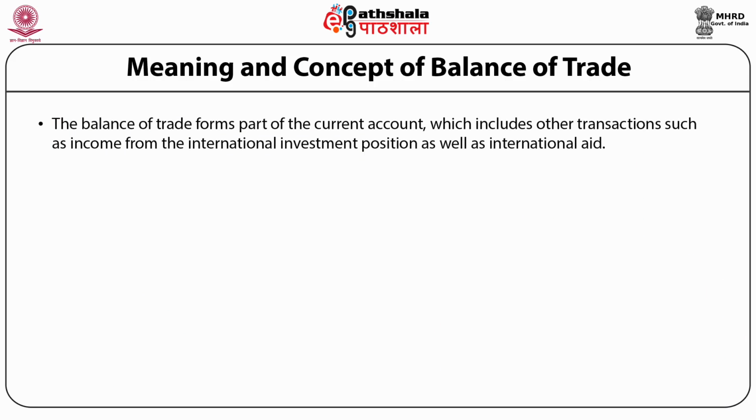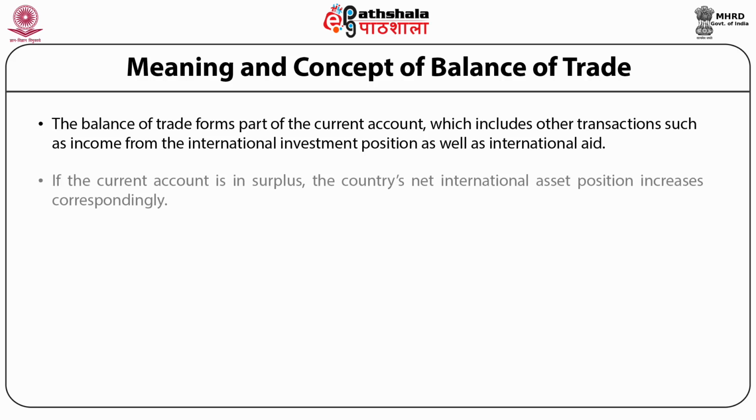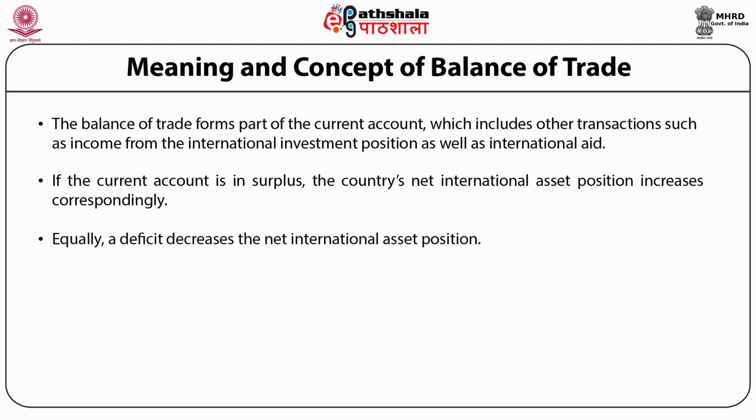The balance of trade forms part of the current account, which includes other transactions such as income from the international investment position as well as international aid. If the current account is in surplus, the country's net international asset position increases correspondingly. Equally, a deficit decreases the net international asset position.